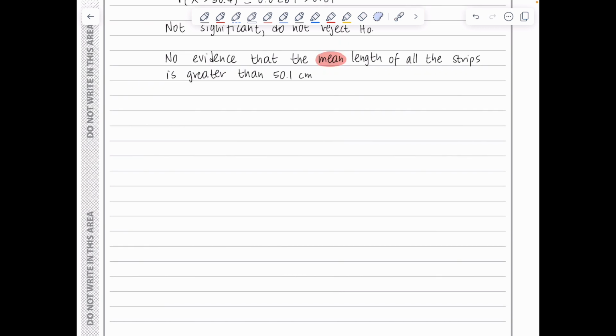Alternatively, we could have followed a critical region approach. We're working at the 1% level, so I could find the critical value associated at that level. So we've got the probability of x bar greater than c to be 0.01. Remember, we inherit the direction from the alternative hypothesis. This means that the probability of x bar being less than c is 0.99.